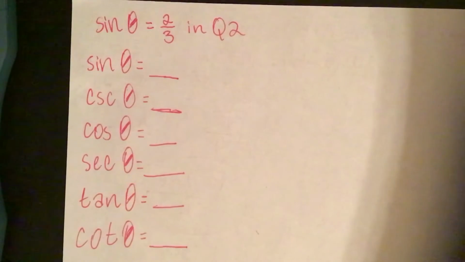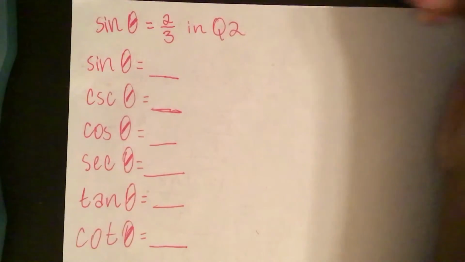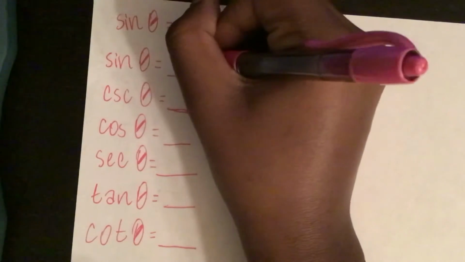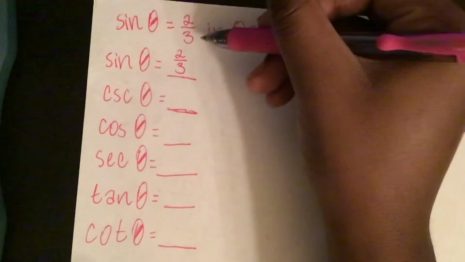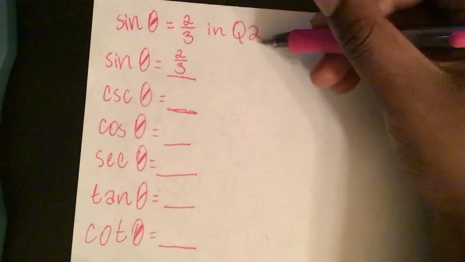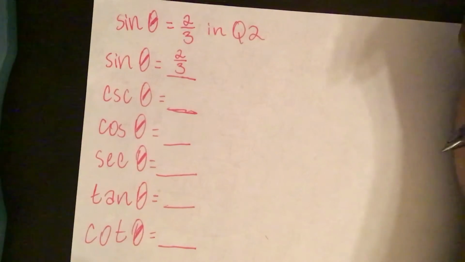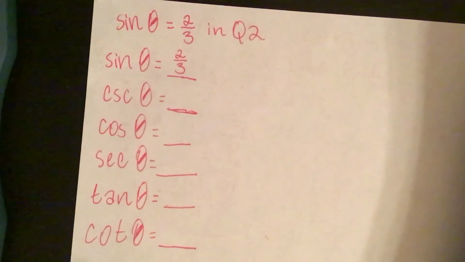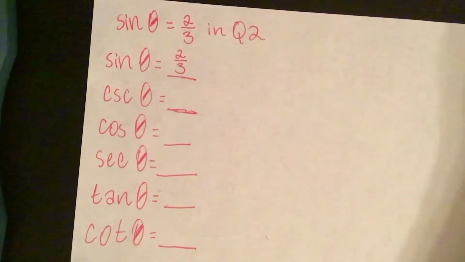Like I said, we already know that the sine of theta is going to equal 2/3, because obviously that's what our problem tells us. And the first thing you have to remember is quadrant 2. Why is the problem telling us that the sine of theta is equal to 2/3 in quadrant 2? Why is that relevant?